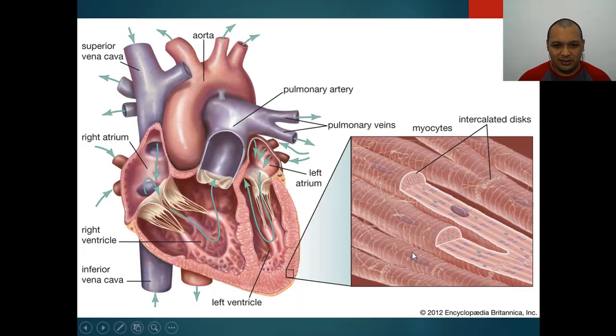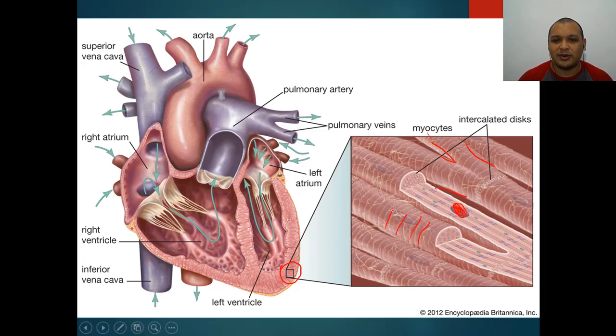So when you want to find it, you will find it around here, the wall of our heart. If we enlarge it, we will find the characteristics of the muscle like this. It has a nucleus in the center, and again, it has branches like this. And this is the striated pattern.